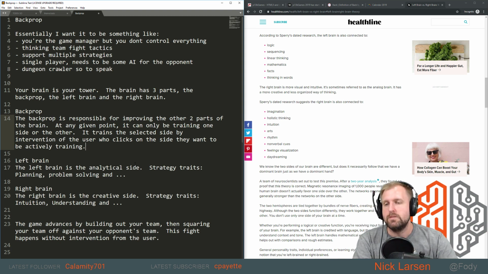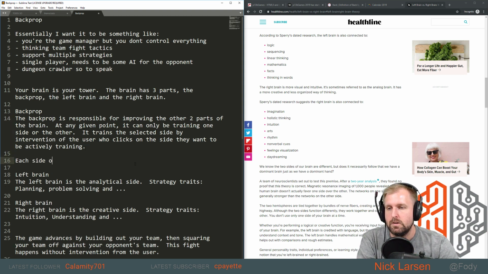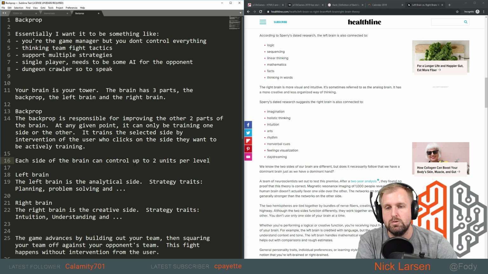And then each side of the brain can control up to 2 units per level. Each side of the brain can control up to 2 units based on level.